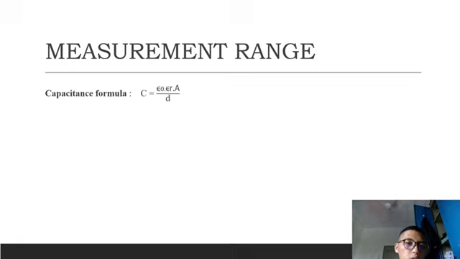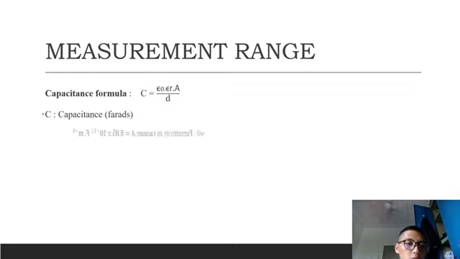For the measurement range, the capacitance formula is C equals epsilon naught multiplied by epsilon R multiplied by A over d.